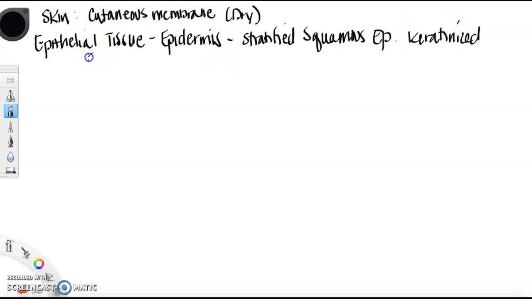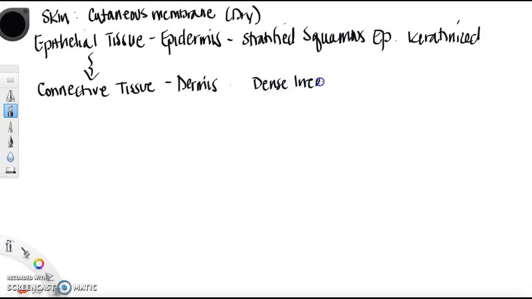The epithelial tissue lays on top of connective tissue, and that is the dermis. And that connective tissue is going to be mainly dense, irregular connective tissue with a little areolar at the top as well.